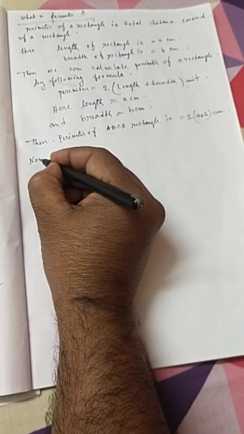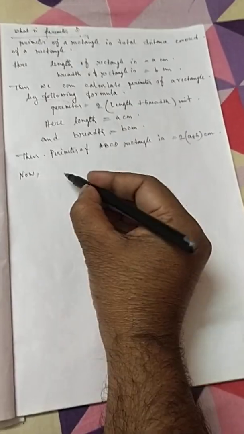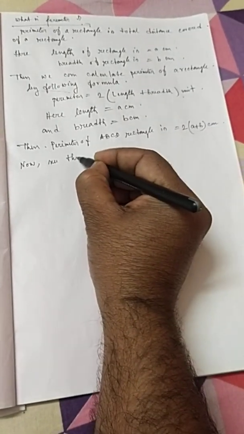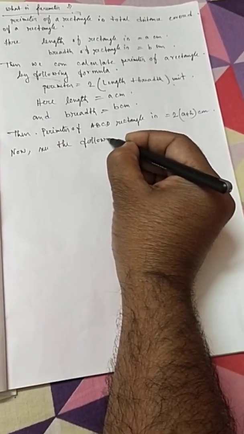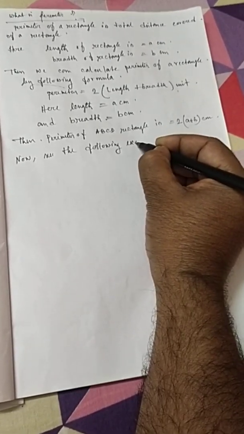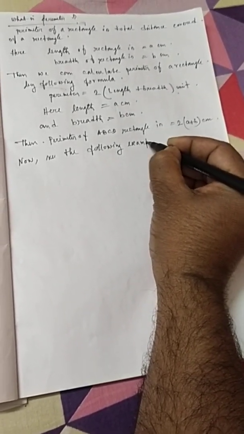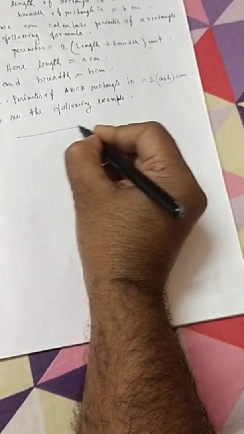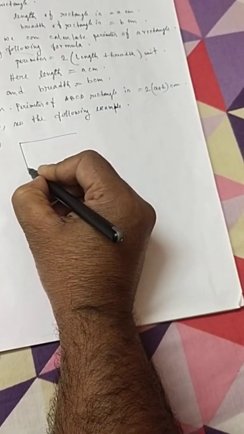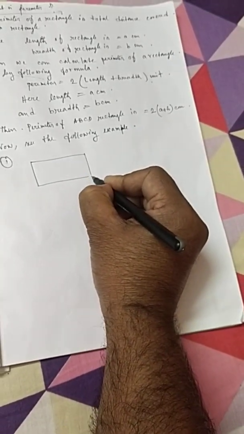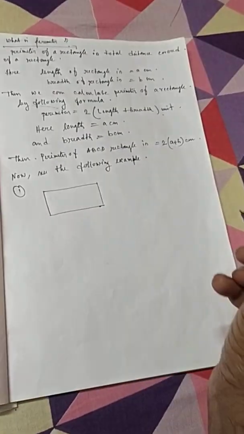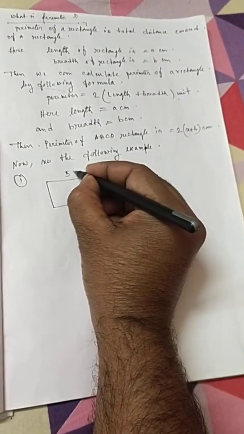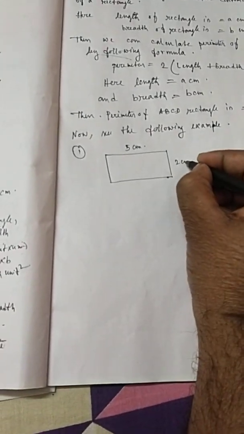Now see the following example. Suppose I am drawing a rectangle whose length is 5 centimeter and breadth is 2 centimeter.